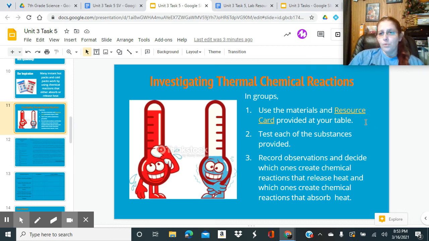Also, I'll have some printed for you, as well as all the information you need is in this slideshow as well. So you're going to test each substance, and then you're going to record the observations and decide which ones create chemical reactions that release heat, which ones that absorb heat. Those are the 2 things you're going to focus on for this particular lab.